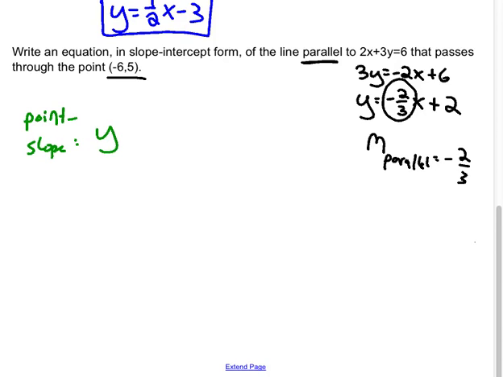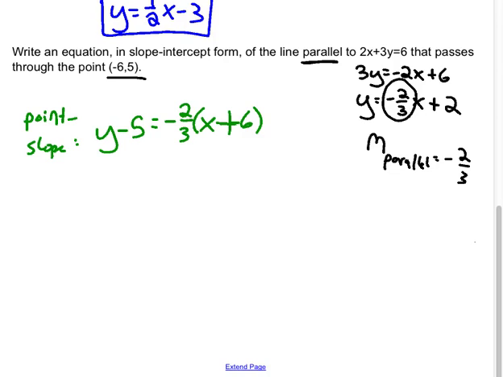So y minus the y value from the point equals my slope times x minus the x value from the point. And then, of course, a double negative, you're going to flip that to be positive. So here's the equation I've got with the information I was provided.